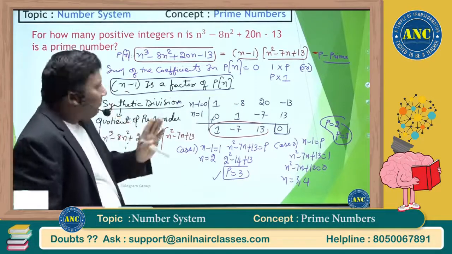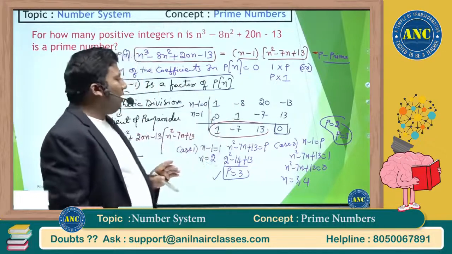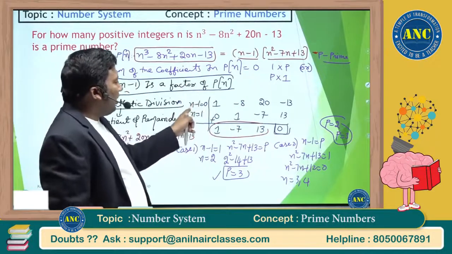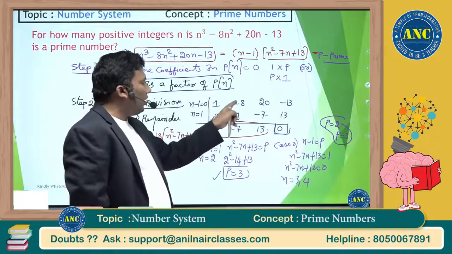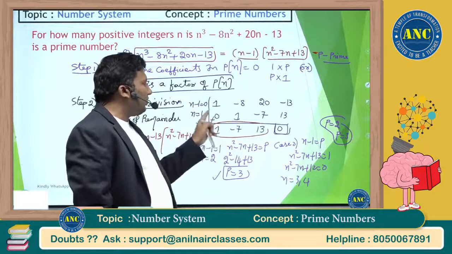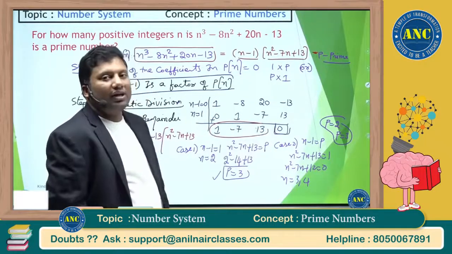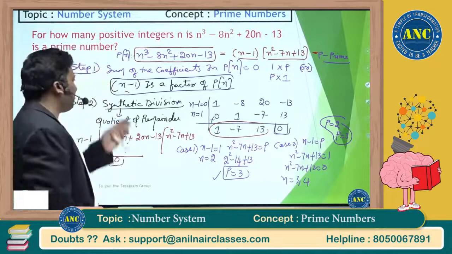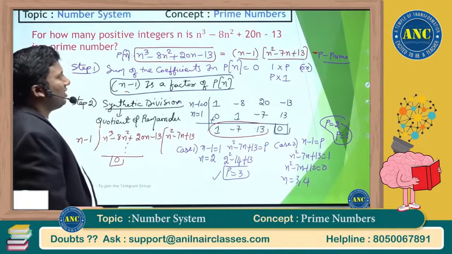If after n square the constant is there and n is not there, keep 0. n minus 1 equivalent to 0, n equivalent to 1. 1 plus 0, 1. 1 ones are 1. Minus 8 plus 1, minus 7. Minus 7, 13. 13 ones are 13. Lastly, if you get 0, that means n minus 1 is a factor. Remaining it is n square minus 7n plus 13.